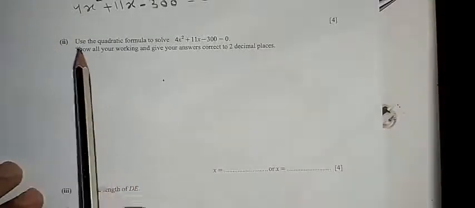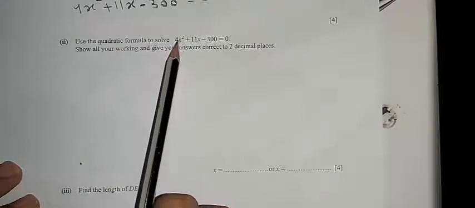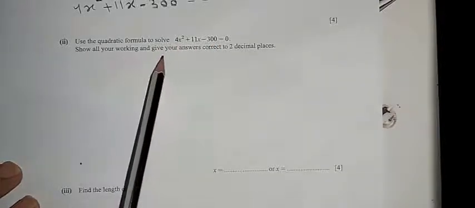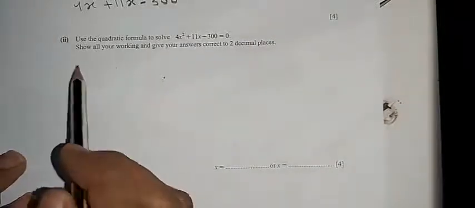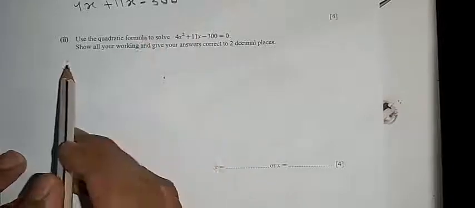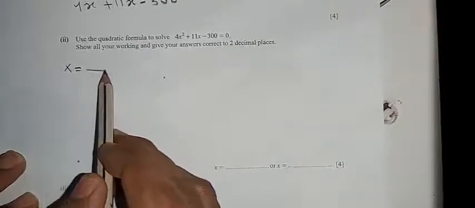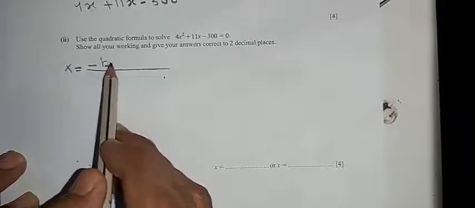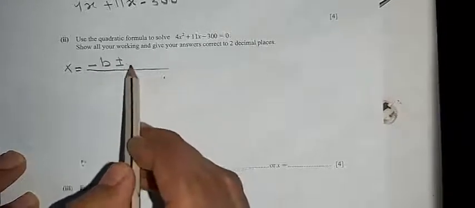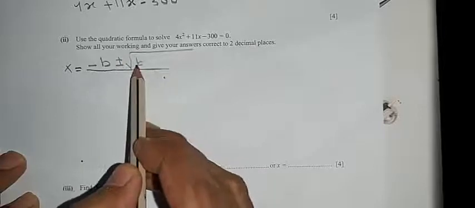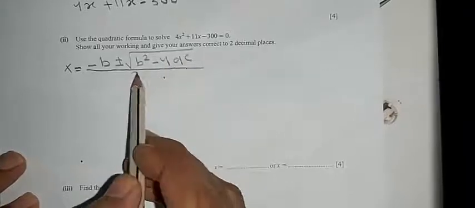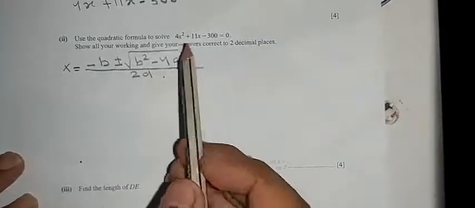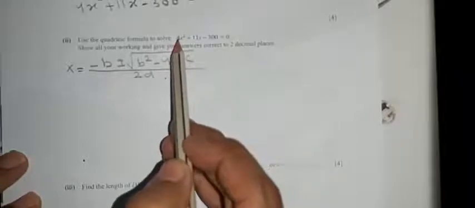In this part, use the quadratic formula to solve this equation. Show all your working and give your answers correct to 2 decimal places. We know the quadratic formula is x equals minus b plus or minus the square root of b squared minus 4ac over 2a. Here the value of a is 4, b is 11, and c is negative 300.